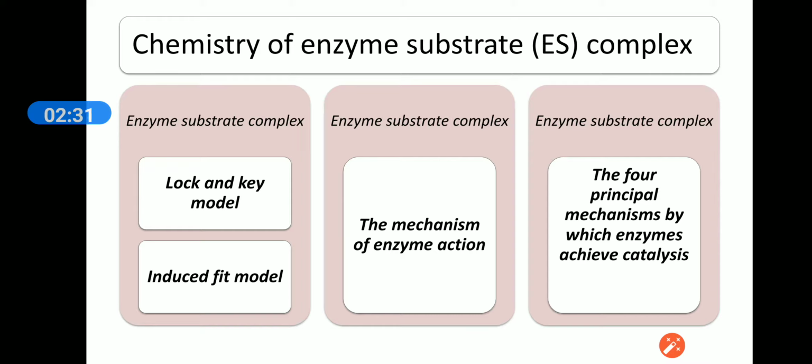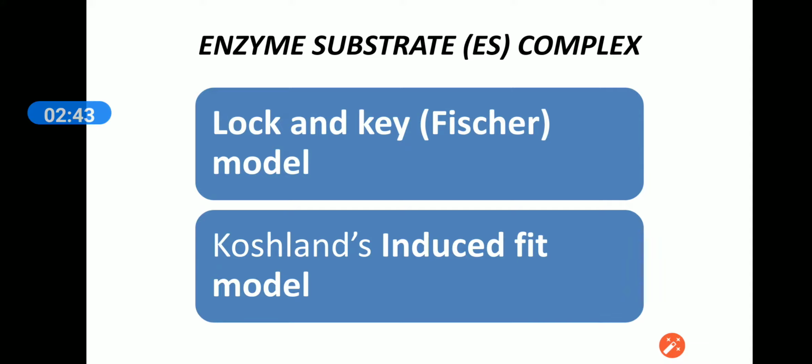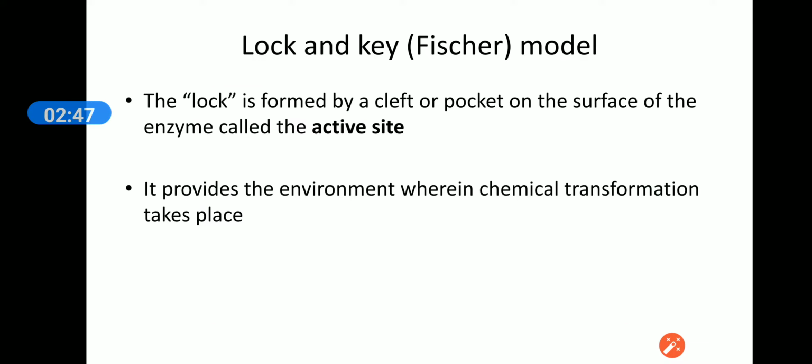Okay, let's start with our first lecture of this series, which is the explanation of lock and key model and induced fit model. The lock and key or Fisher model is self-explanatory, and an old model.